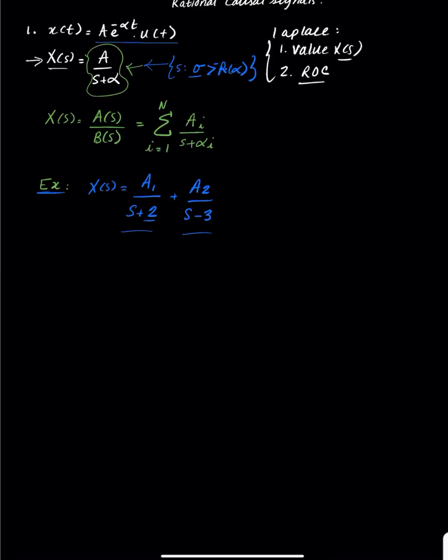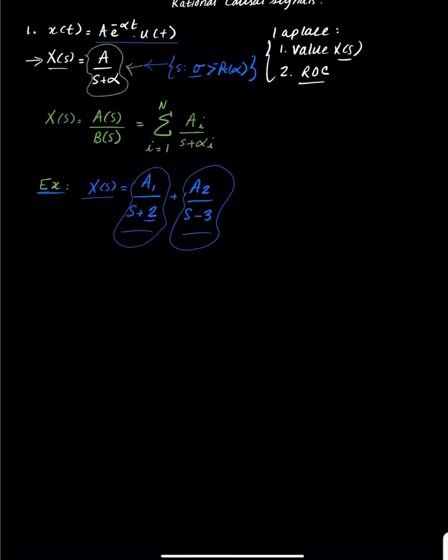Now we're going to go ahead and use that. Well, if you only had one component, that would be easy, right? Because we could just say the region of convergence for this total s is in the s domain so that the real part of s is greater than negative 2, which is the negative real part of alpha. However, here we have two components.